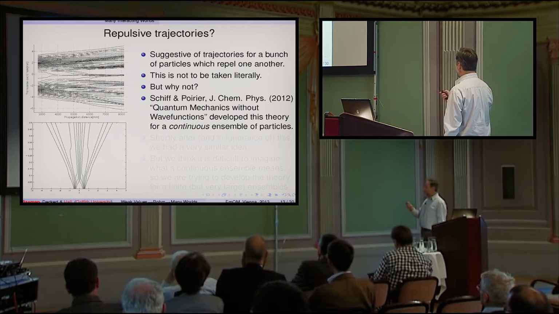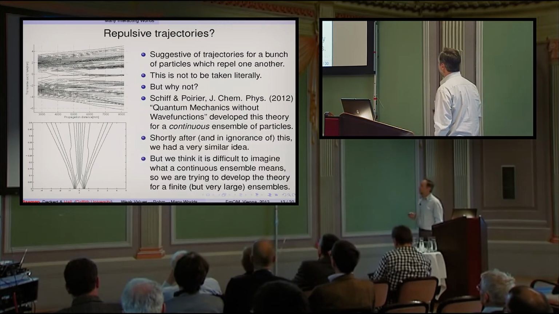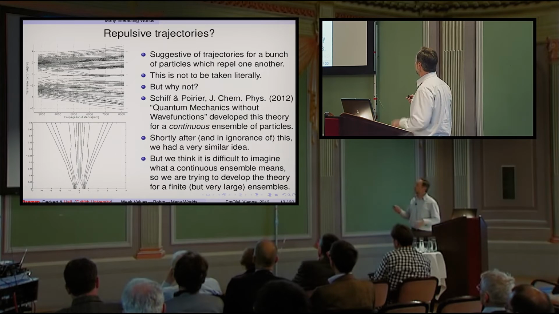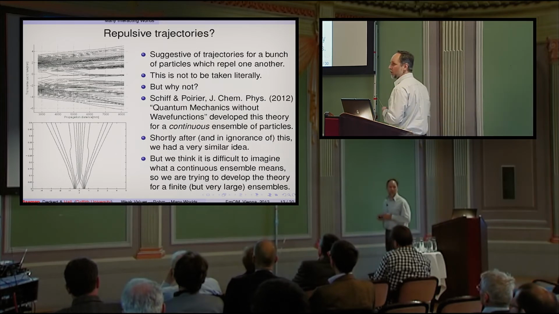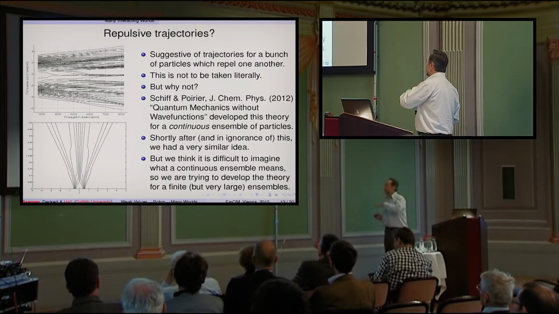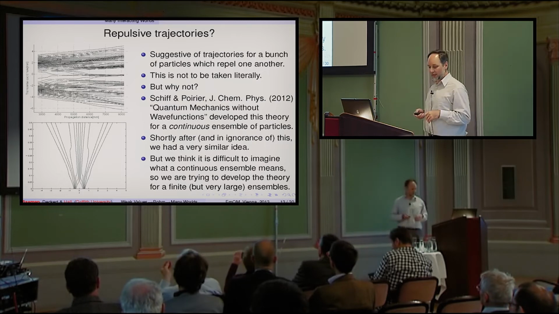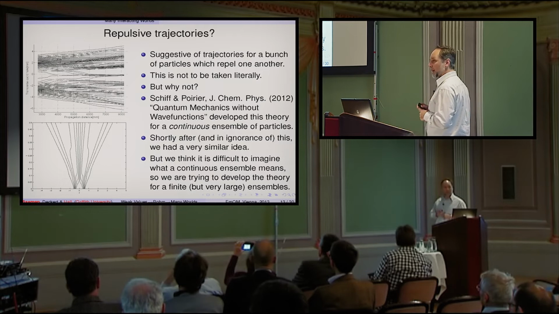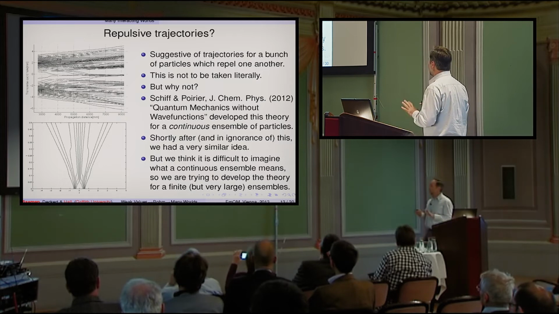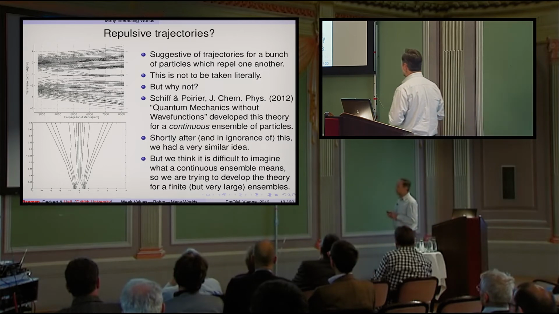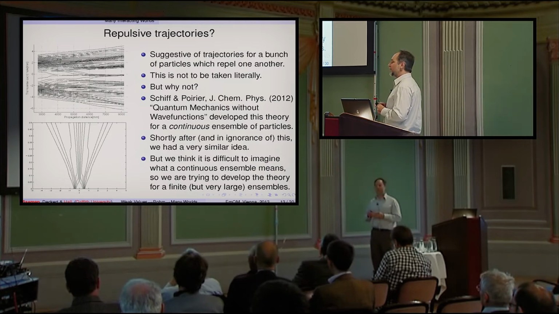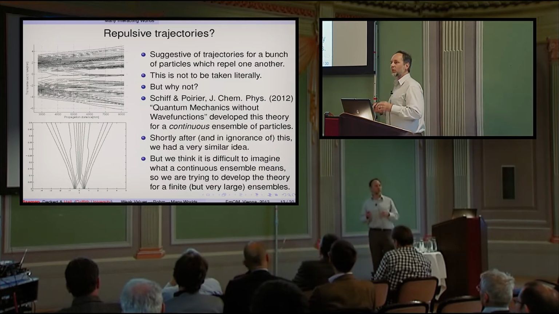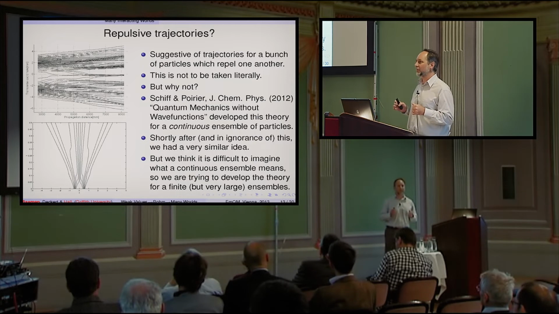And so, as you said, the work was published last year. Actually, around the same time this was published, and not knowing about his work, Michael Hall, Dirk-Andre Deckert and I had a very similar idea, but it's different in, I think, one crucial way, in that for us at least it's difficult to imagine what a continuous ensemble actually means.